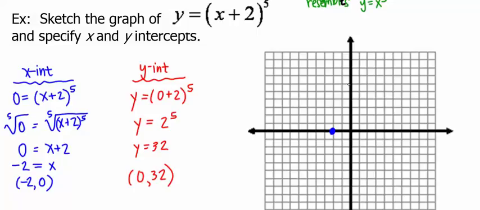Now, one point on this graph is not going to help me draw an accurate picture. So I'm going to have to put in some other values to find some outputs. So if I put negative 1 in, negative 1 plus 2 is 1. 1 to the 5th power is 1.